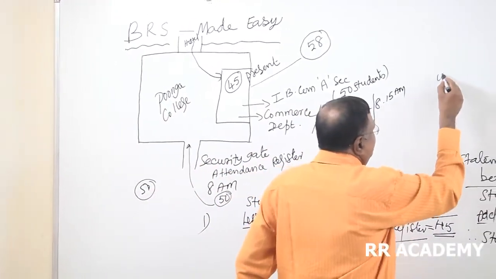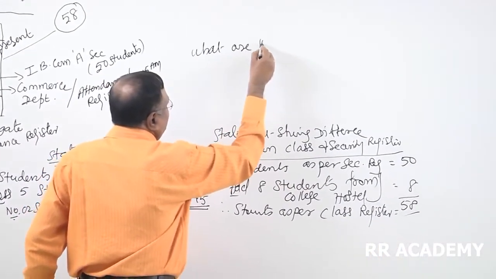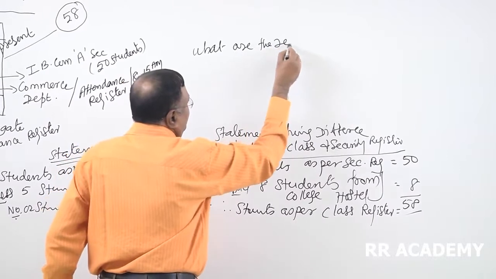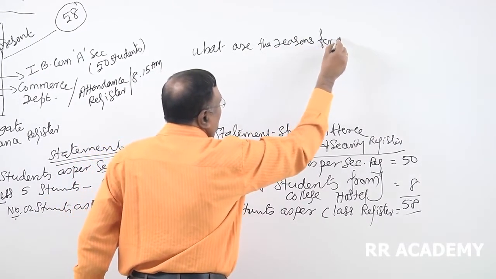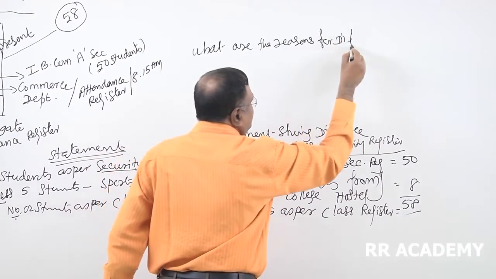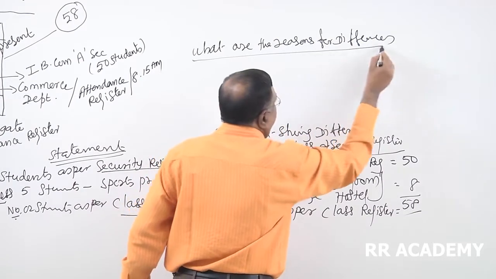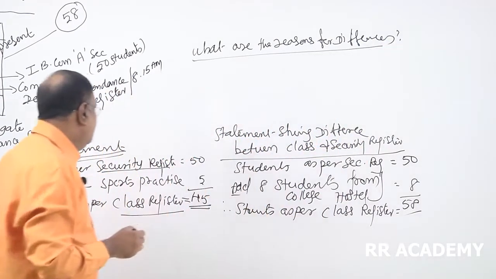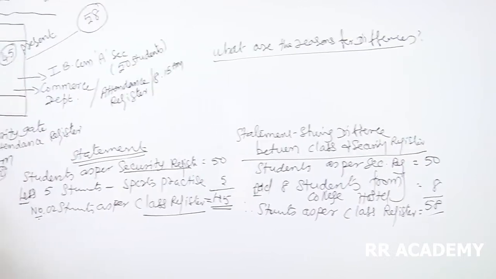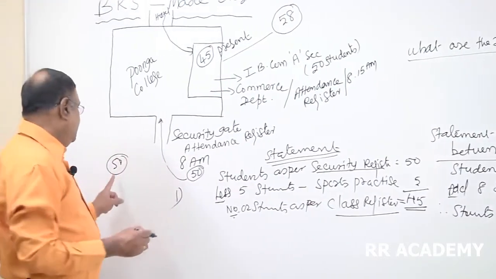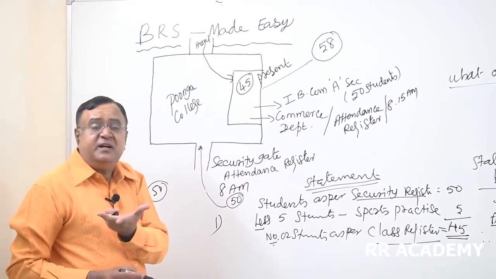What are the reasons? This is what you should be careful about. What are the reasons for differences? Here it is 50, there it is 58. Why is there a difference?